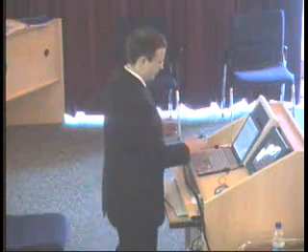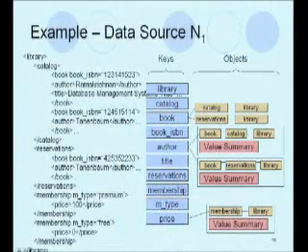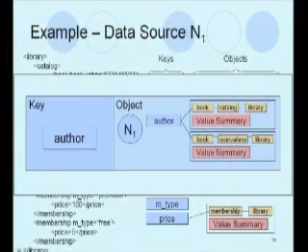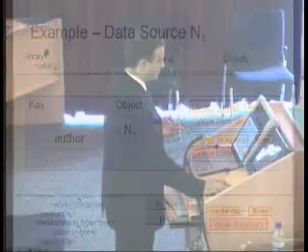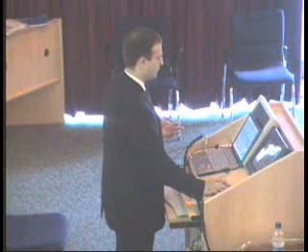The value summary can be any of your favorite value summaries, like Bloom filters, histograms, or ranges if it's numeric values. And I do the same thing for price. So what do I feed to the DHT? I give it this: the key I derive from the author tag name, and the object is the summary tagged with a node ID.